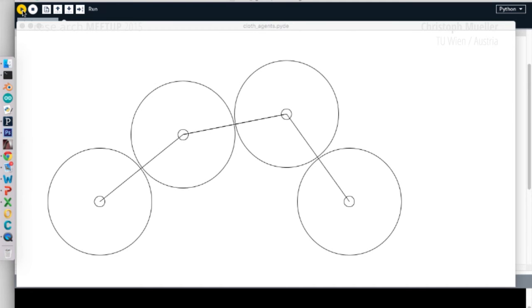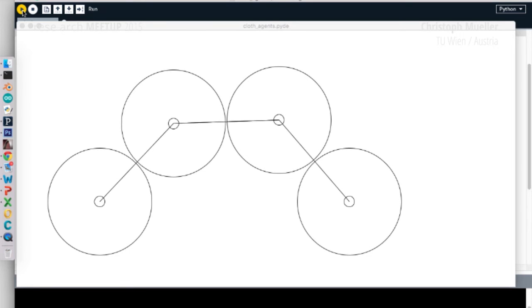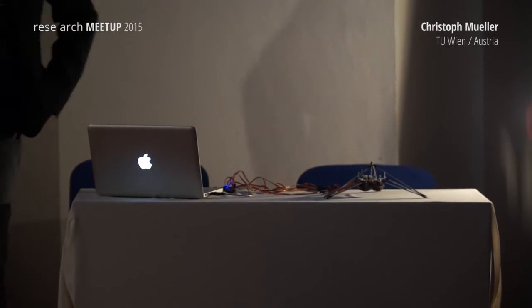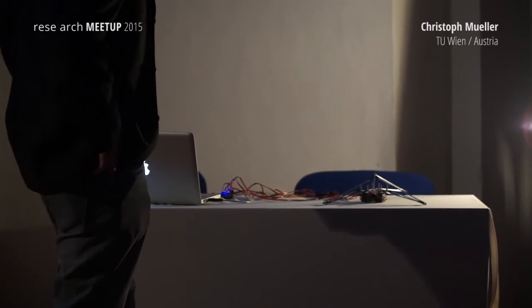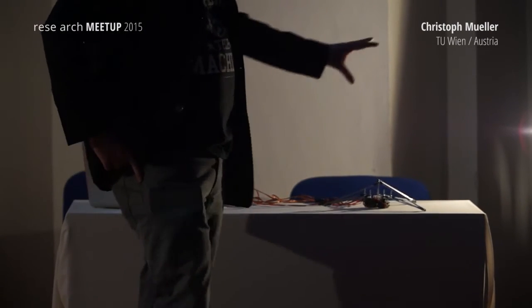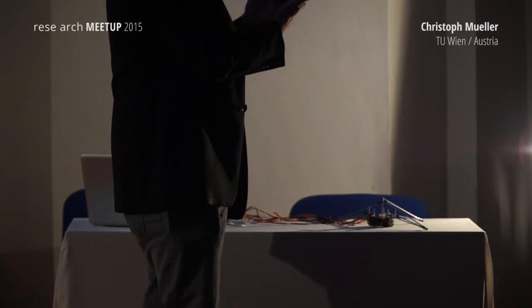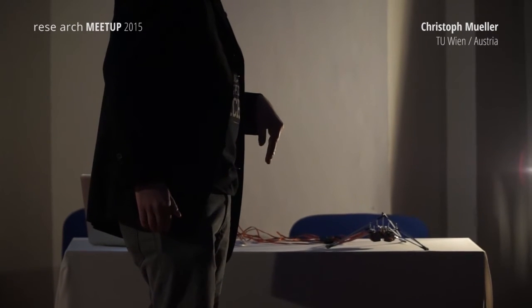I'm not sure if you can see it from the back, but maybe afterwards there is a possibility to watch it from closer. So they are moving in a way that one foot is pushing to the side and pushing the other two forward. So quite simple idea.